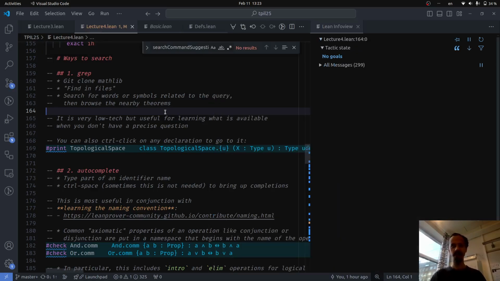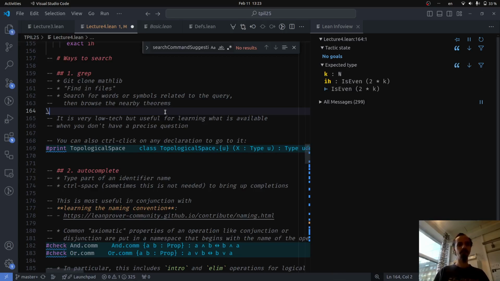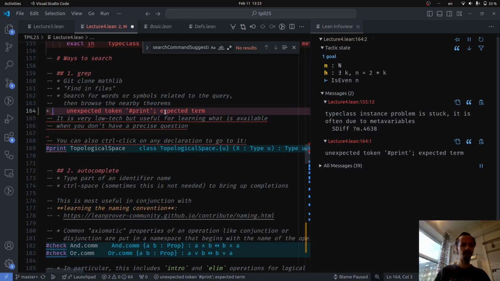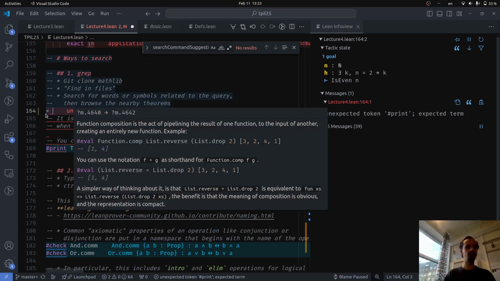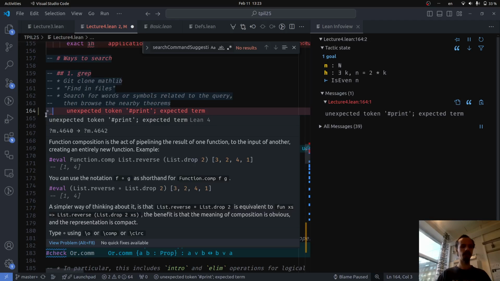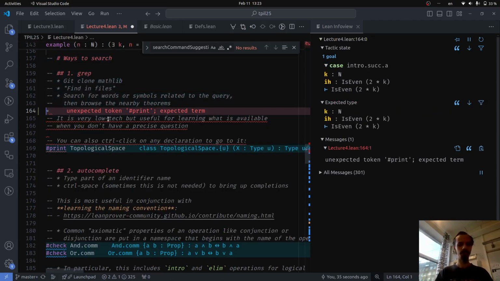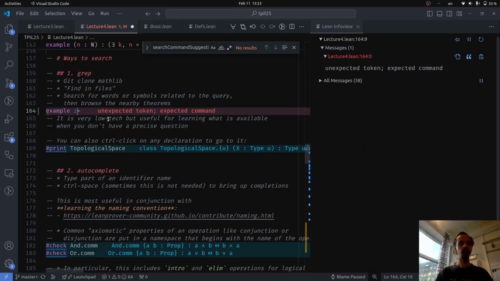Thank you. Quick question, is there an operator for function composition? Yes, the name of the function is Function.comp, and it can be typed, I think, with \o, which gives you the composition arrow. Is there one in reverse order as well?